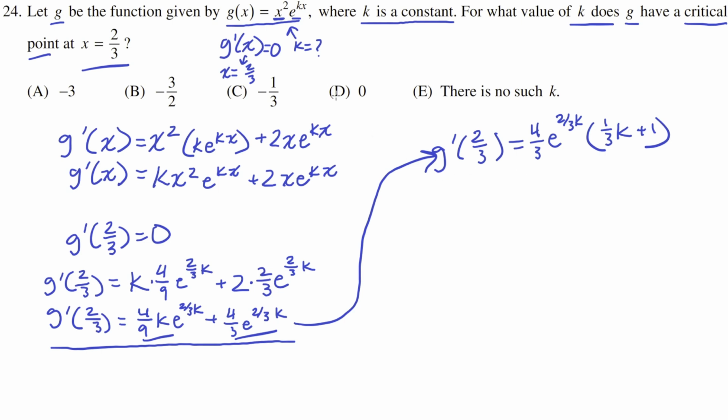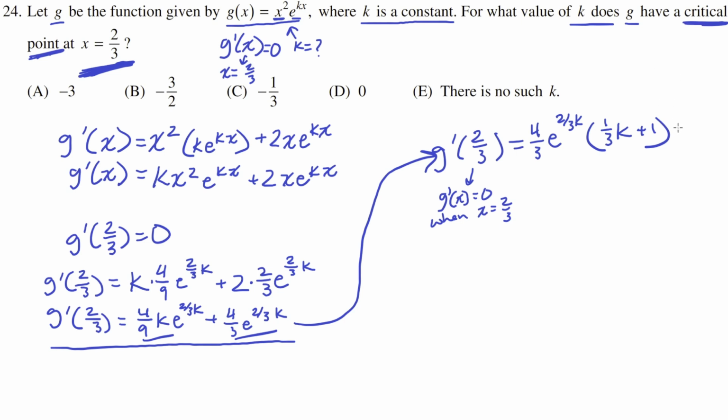And we know that we want a value of k such that g prime of x equals 0 when x equals 2/3, because that means x equals 2/3 is a critical point.